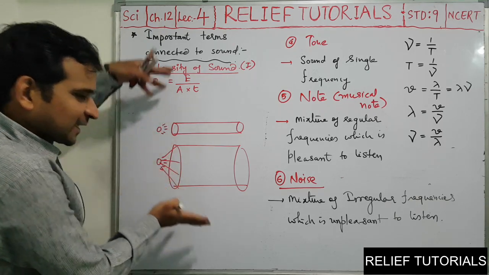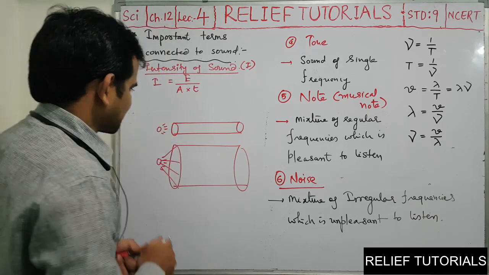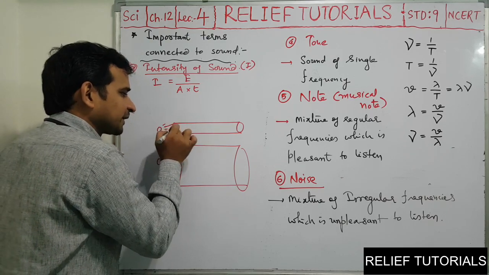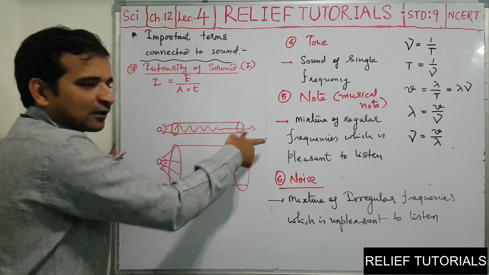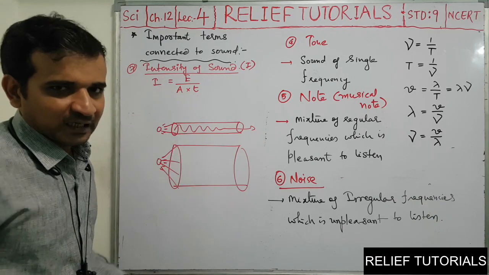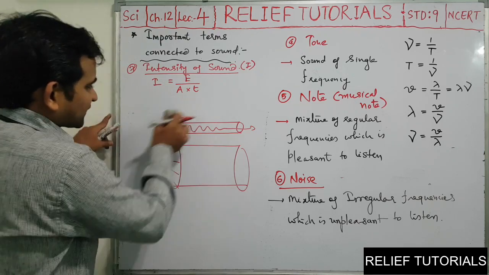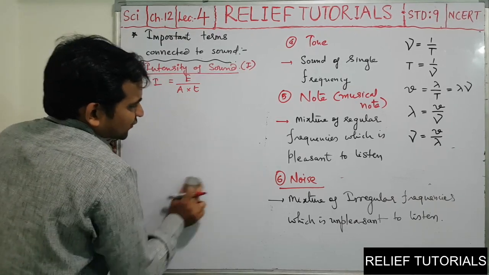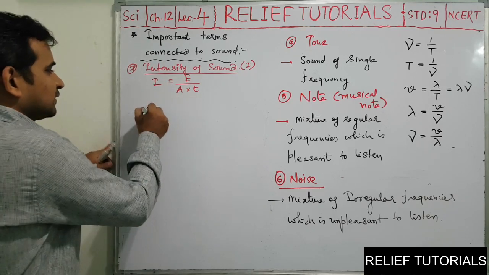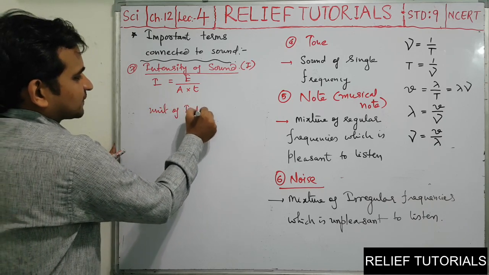So as the area increases, intensity decreases. Here the sound has to pass through a very small area, so intensity is very high. But here the sound has to pass through a very large area, so the energy distributes and the intensity decreases. So I have the simple formula: intensity is equal to energy per area in unit time. From this formula, you can find the unit of intensity.